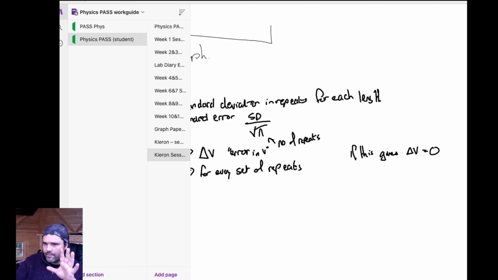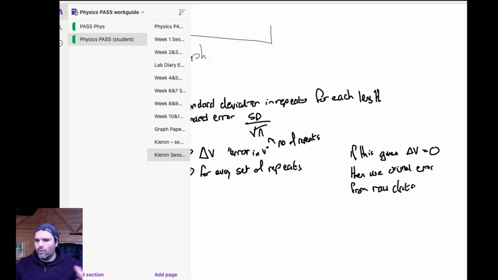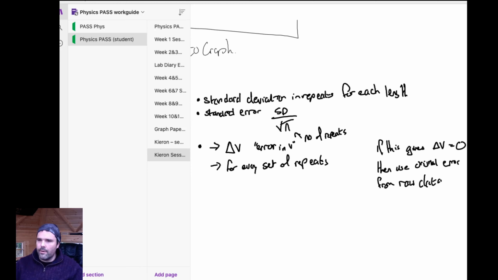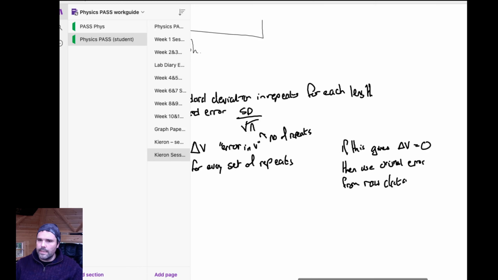Now, nothing has an error of 0. If that is what it's going to come out at, then use the original error from raw data. In other words, the 0.00 plus or minus 0.005 volts. Just use that. Okay, if you're going to get 0, you cannot have a 0 error. So use the original from the raw data.